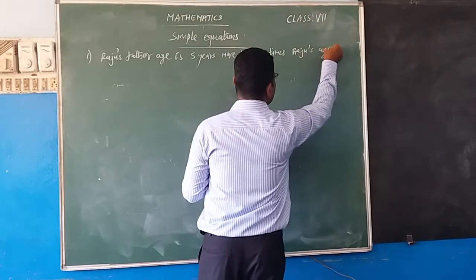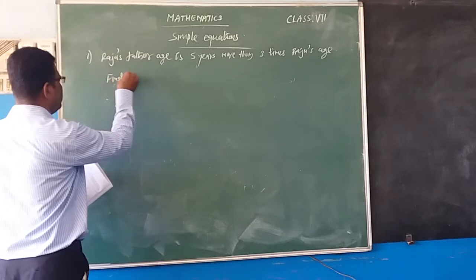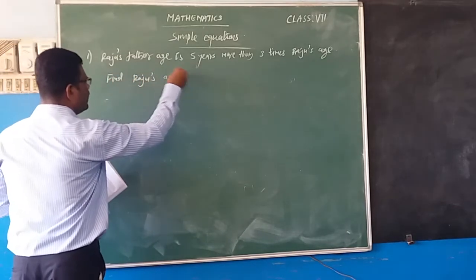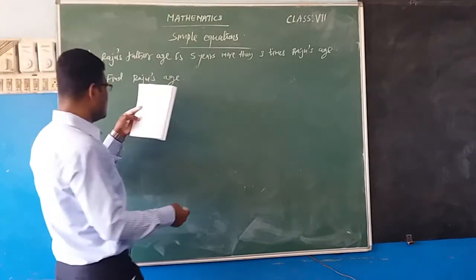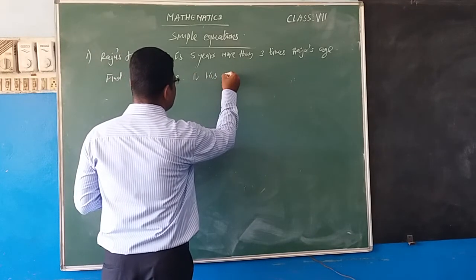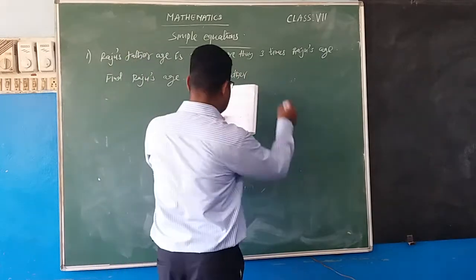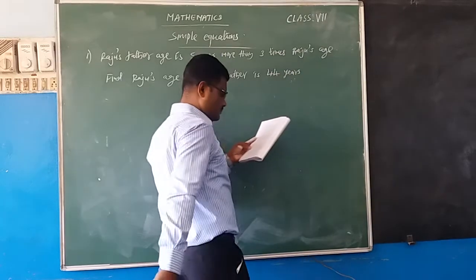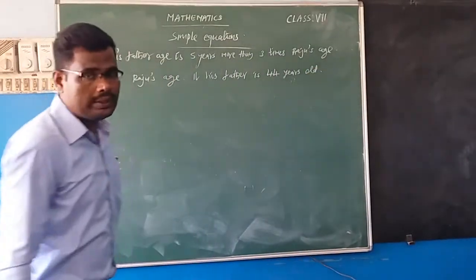Find Raju's age. If you don't like the name Raju, you can keep your own name, no problem. Find Raju's age if his father is 44 years old.